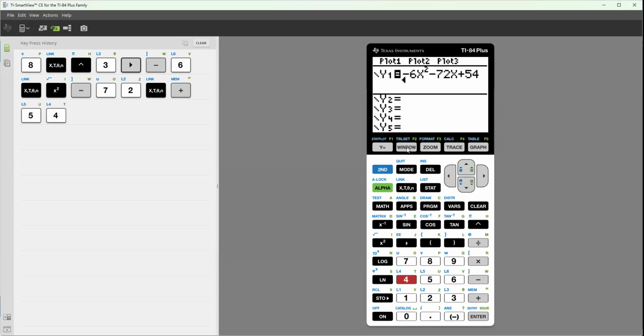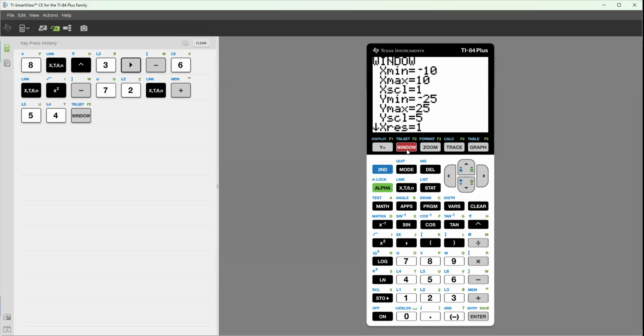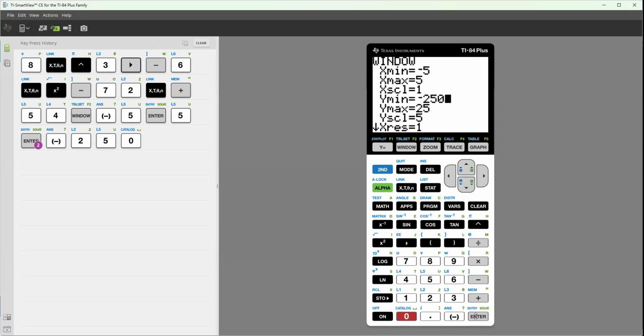All right, and that window was negative 5 to 5. I wanted that on a 1. This was negative 250 to a positive 250. And the y's look like they went by 50 to me. All right, ready? Let's hit graph.